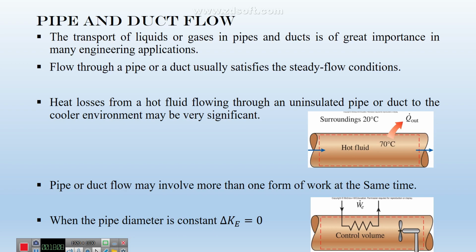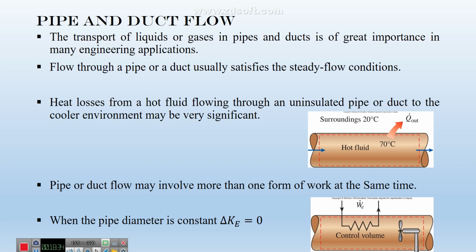But keep in mind that for pipes and ducts, normally you can assume that the delta kinetic energy and delta potential energy are negligible. They are insignificant. And then you can start from the first law of thermodynamics, the energy balance equation for a steady state equipment, and then you can just derive the equation for each and every case.